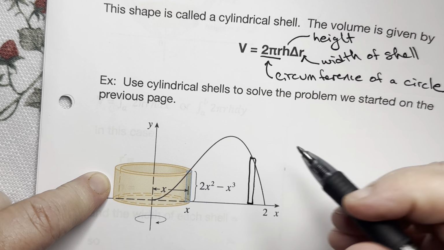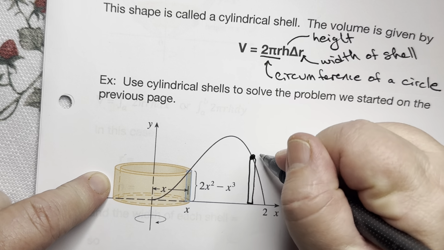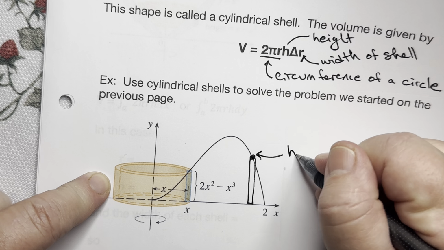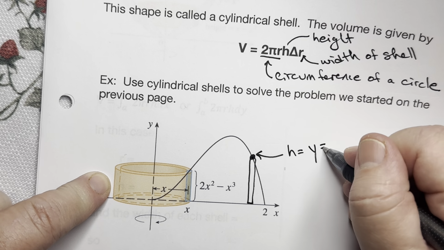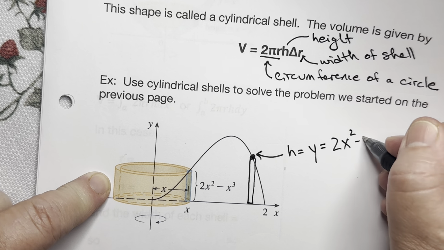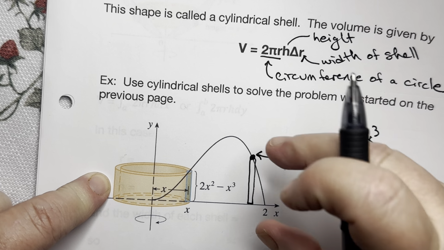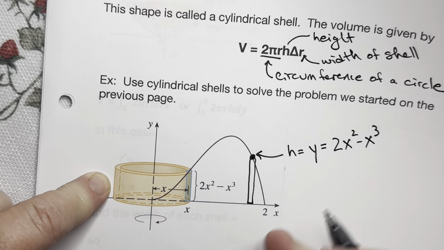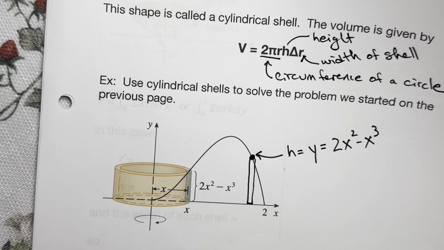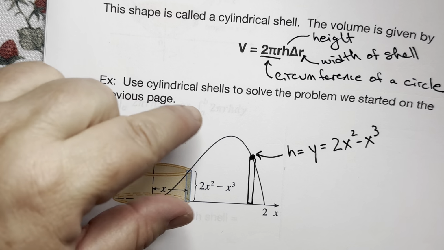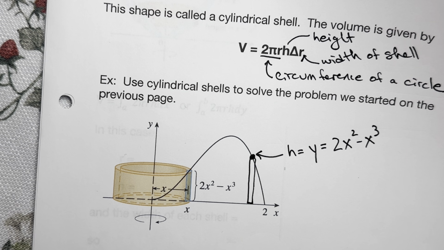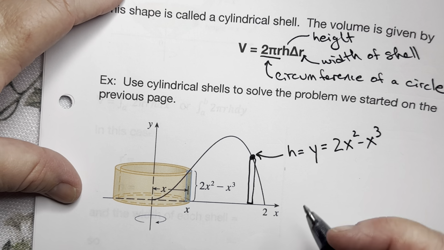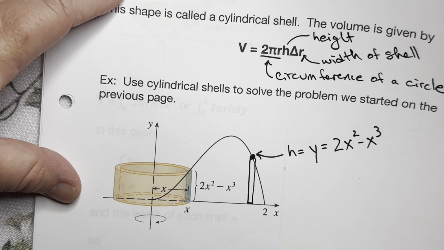At any point, the height is just whatever y is, which is 2x squared minus x cubed, right? The height is because we're going all the way from the x-axis up. And that's another reason it's nice to use cylindrical shells. If you have something sitting on the x-axis like this, you don't have to be subtracting anything. It's really nice. It's just the height, and it's easy peasy that way.